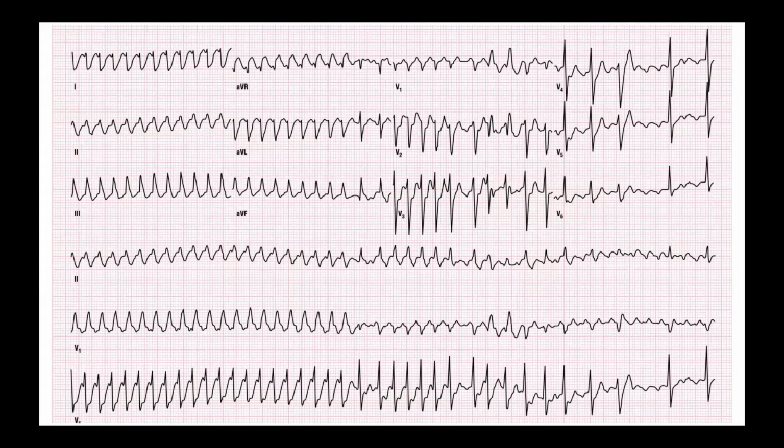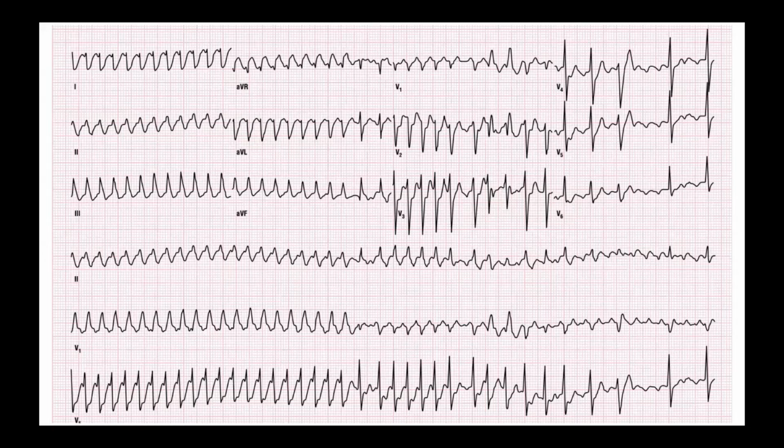In the narrow complex, there is a P wave. Which lead? Lead V4, V5, and V6. Okay. The P wave here, this P wave. Inverted. Okay.